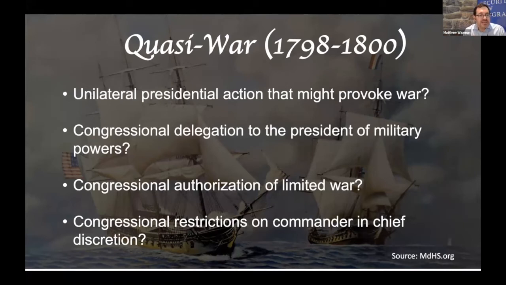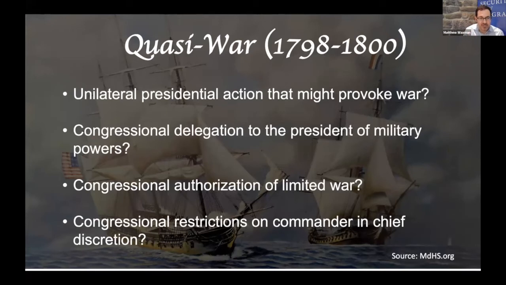And the issue comes up here because President Adams allows the arming of merchant ships against French privateers. Adams says, look, this is just a prudent defensive measure. We just want to protect these vessels from being preyed upon. Many of his critics charge that this was not just provocatively hostile, but unconstitutionally so, because it risked escalation of the conflict.